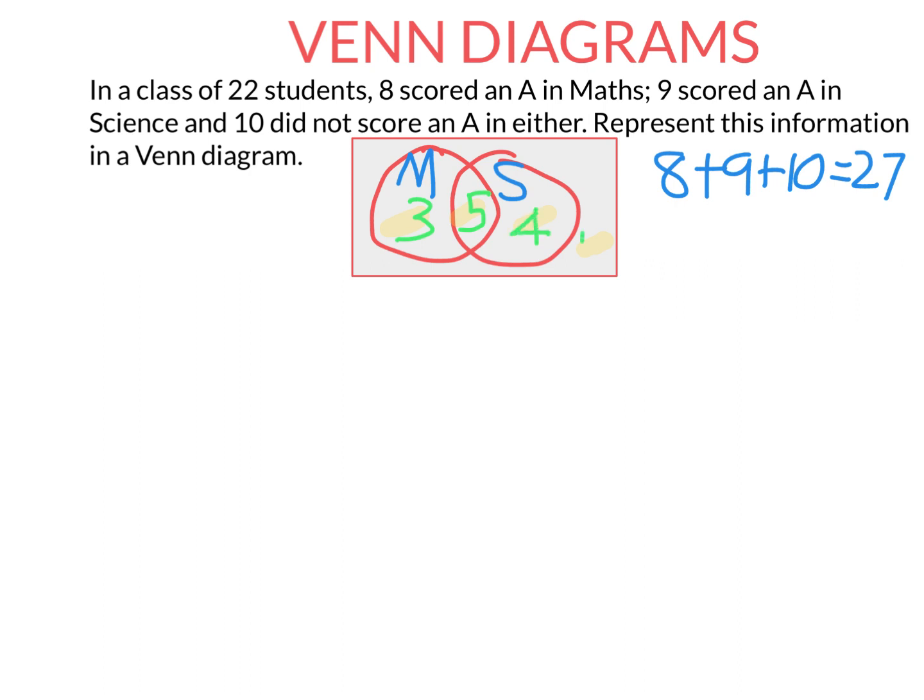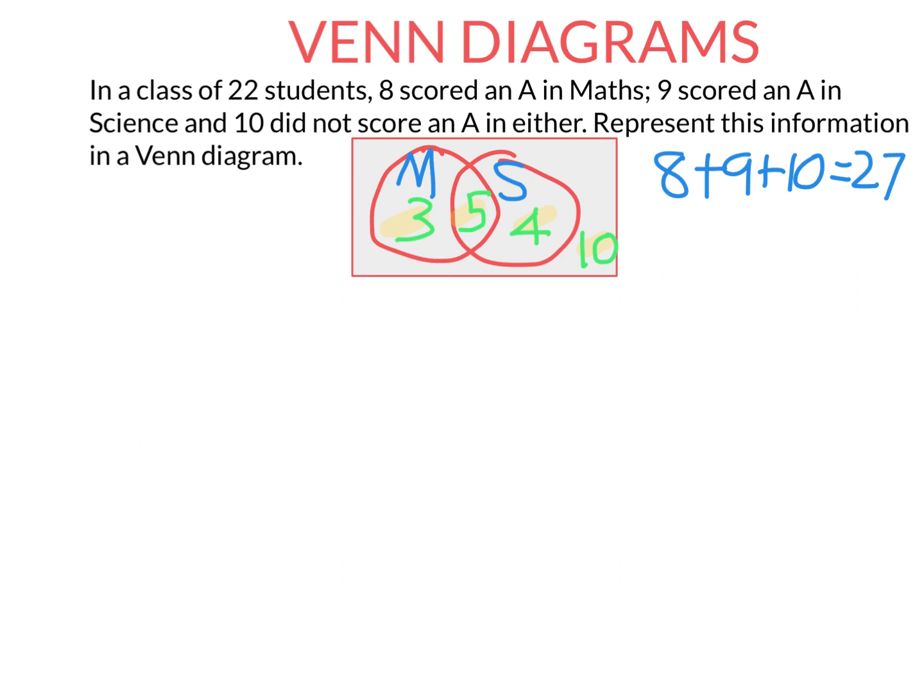So the 10 that scored an A in neither go outside. Notice 10 plus 4 plus 5 plus 3 does equal 22. These numbers should add up to the original number of, in this case, students that we had. So we've just represented visually how many are in each set, how many are in both sets, neither set. That's what Venn diagrams are for.